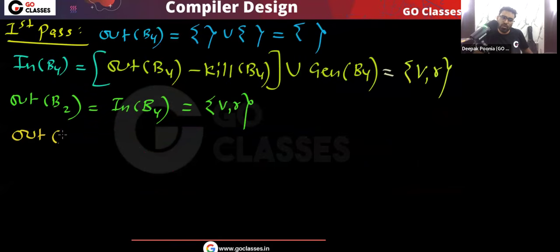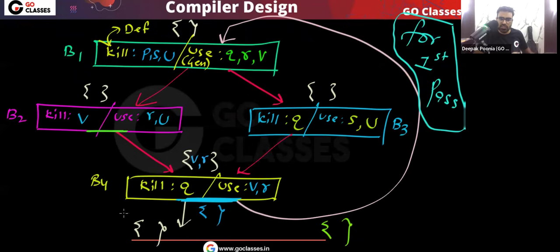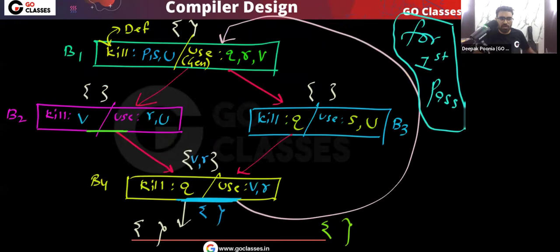Similarly, for B3 there is only one outgoing edge, one successor, that is B4. So out of B3 will be in of B4, which is also VR. Now remember, we have VR here and here also we have VR.